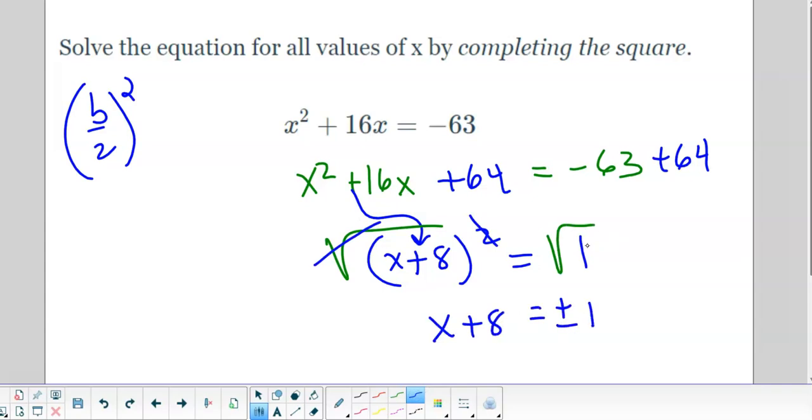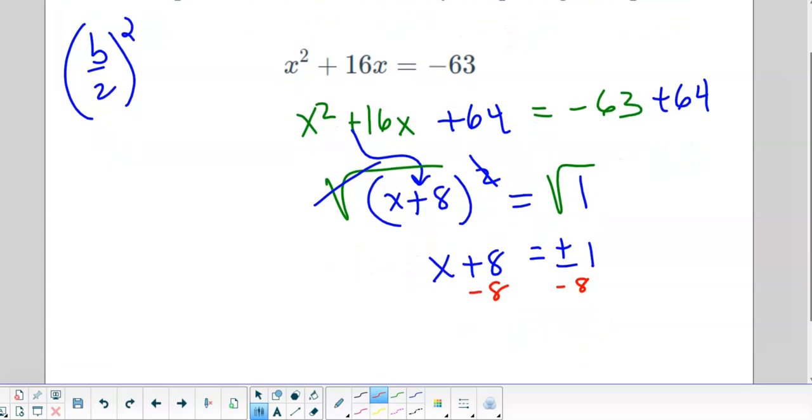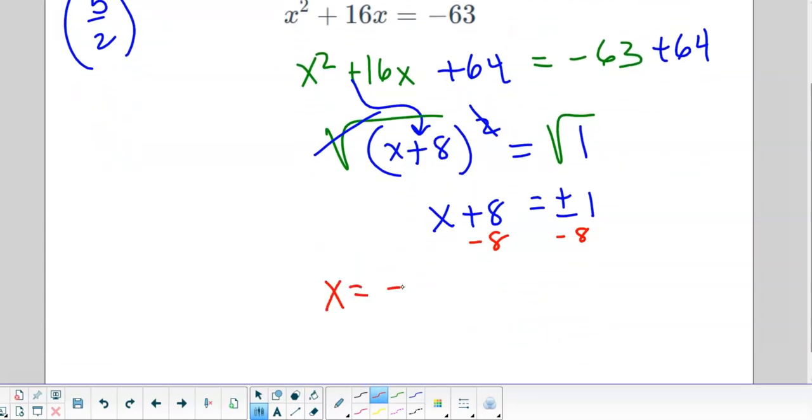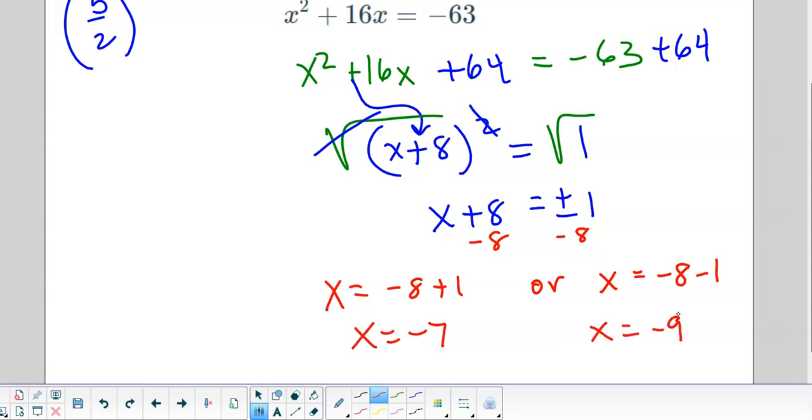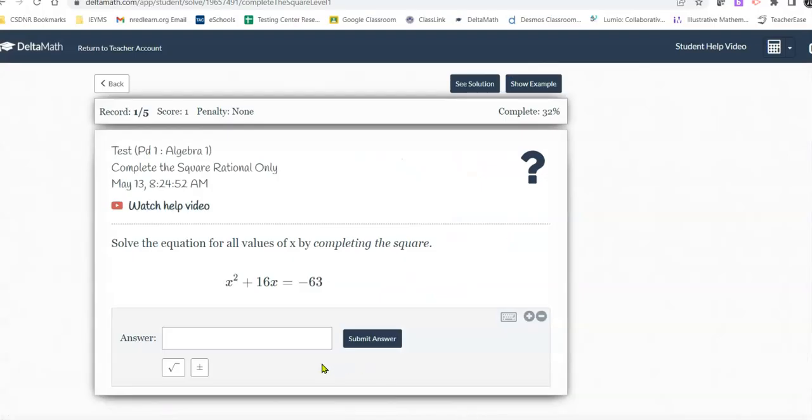Now this happens to be the same number as before, and now I'm going to subtract 8 from both sides, in which case I'm going to get two possible answers. Negative 8 plus 1 or negative 8 minus 1, and I should compute that because I can. So this is going to be negative 7, this is going to be negative 9. So negative 7 and negative 9 are my answers.